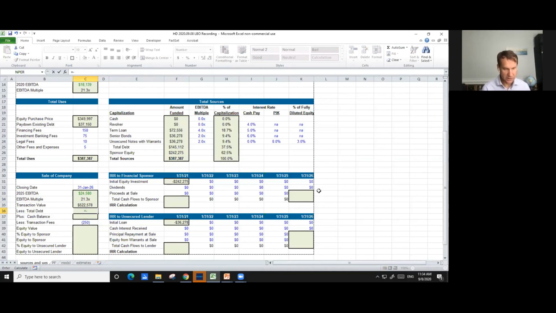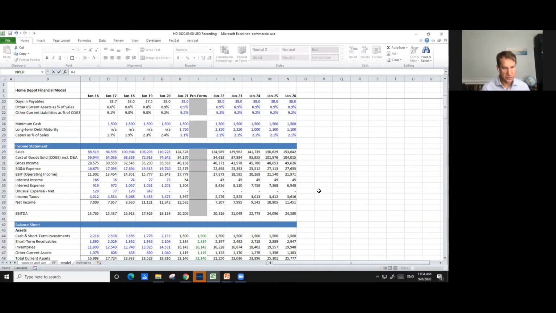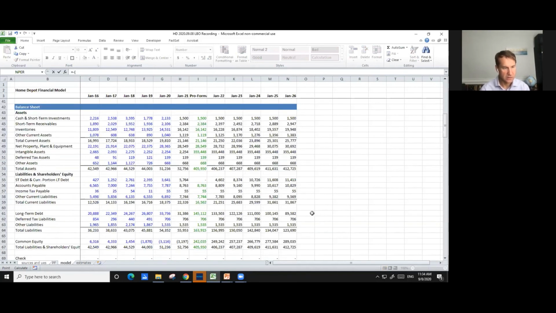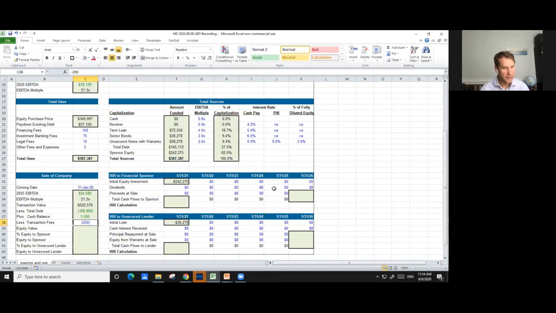So let's say negative, go to the model, take short-term debt and long-term debt, and then plus cash in the model is 1,500. I'll just put in some number here for transaction expenses, and equity value would be the total transaction value or enterprise value minus debt plus cash minus transaction fees.